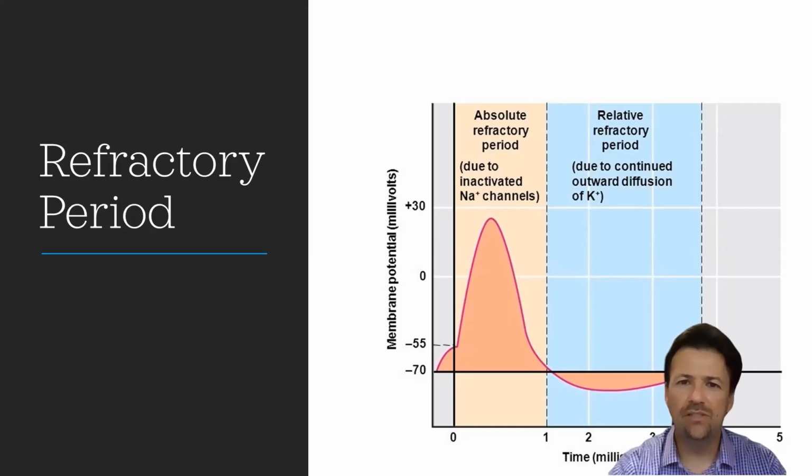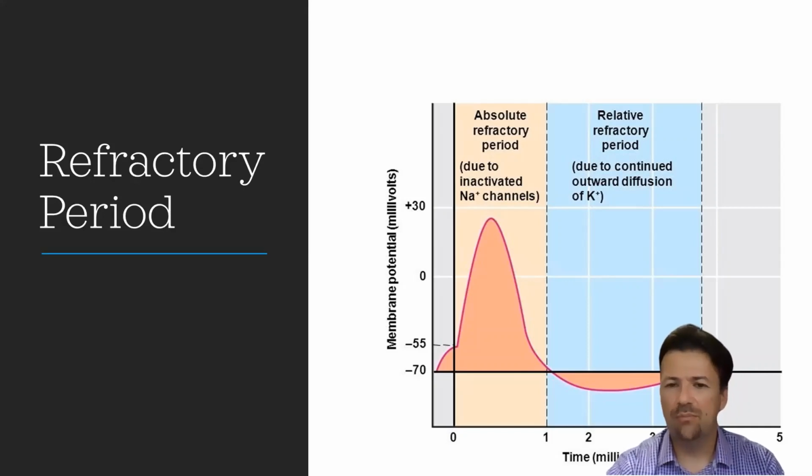This is because the sodium channels have gone into their inactivated state. The inactivation gate is closed. So you can depolarize that cell as much as you want, all the way up to 0 millivolts, up to 20 millivolts. You're not going to get another action potential. Those sodium channels are slammed shut, and they're going to be closed for a very short period of time, just over a millisecond.